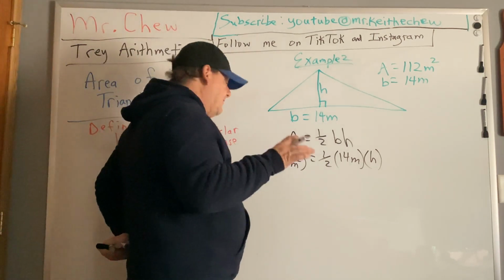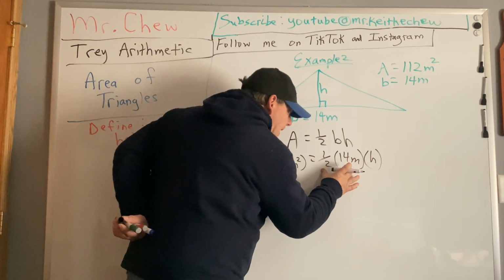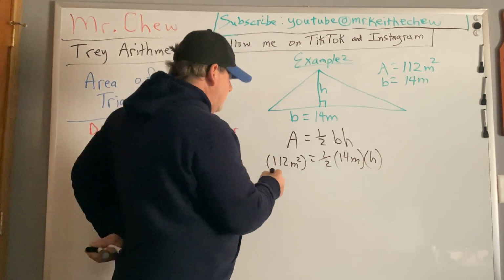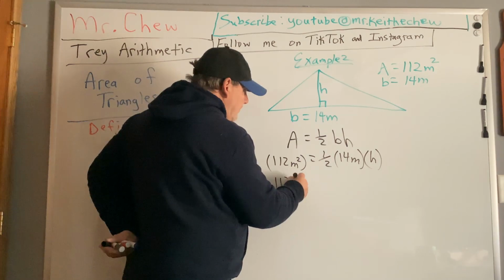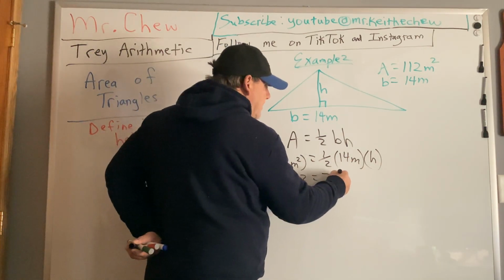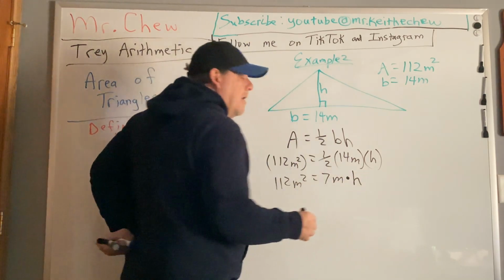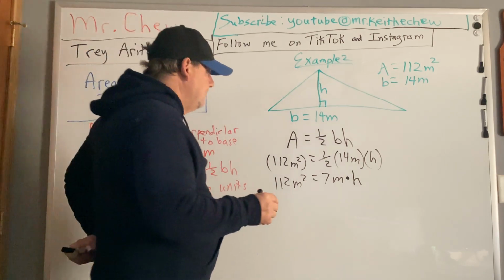So now I'm going to have to solve this by first multiplying and then using inverse operations. So I have 112 meters squared equals 1/2 of 14 meters is 7 meters. And then I'm just going to do a raised dot for my multiplication of h.